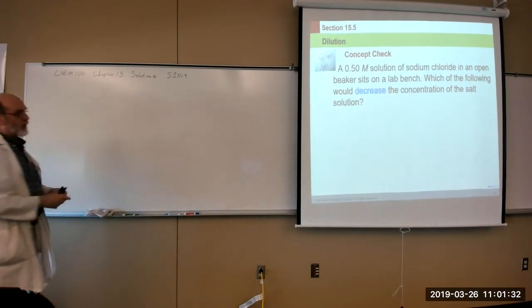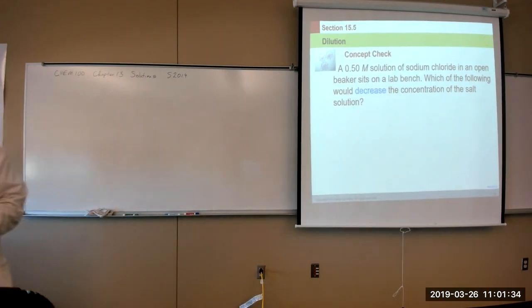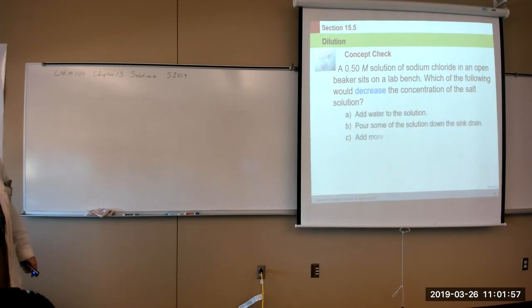So the first point here is that sodium chloride is not volatile. Right? If you start with a half-molar solution, you've got so many moles of sodium chloride in that solution, and the only way you can get it out is to dip it out. So how do we decrease the concentration? We work on the solvent. Change the amount of solvent.